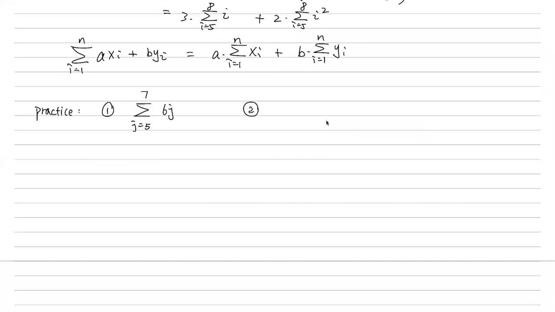Or the second one here, I can have the summation of 3j squared plus 2j cubed, and then j will go from 1 to 3, right? So if you would like to try these two questions, the answer will be in the description box, all right?